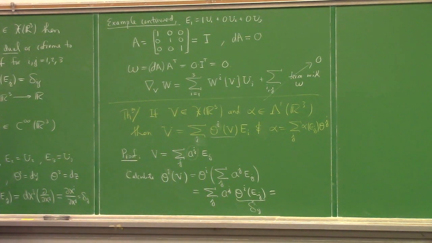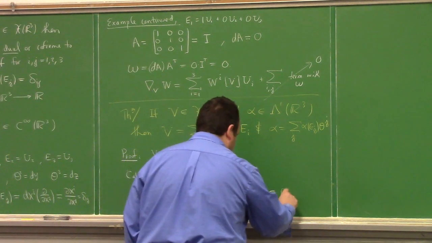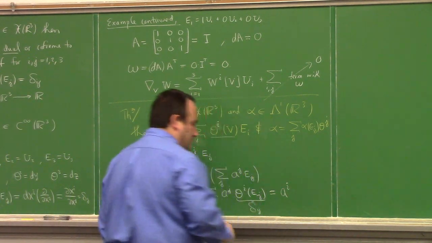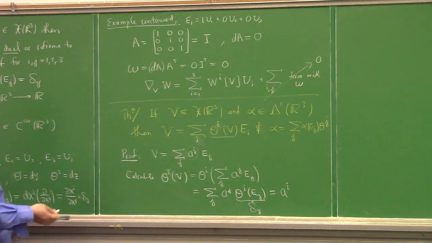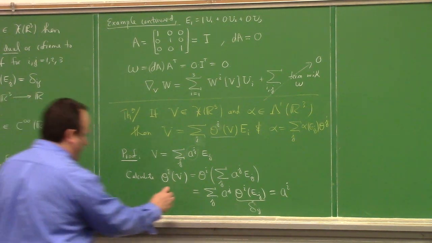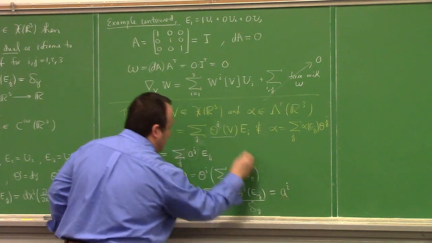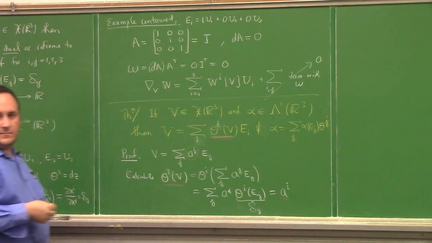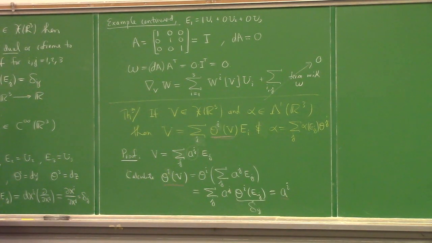Everything's 0 except where j is equal to i. So that summation reduces to just a upper i, which is half the theorem, because now I have shown that this is equal to that, which is the claim. Are we good? Okay.